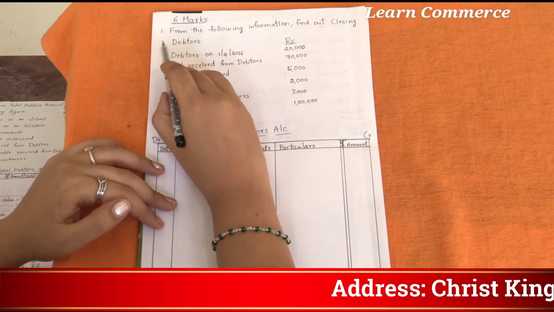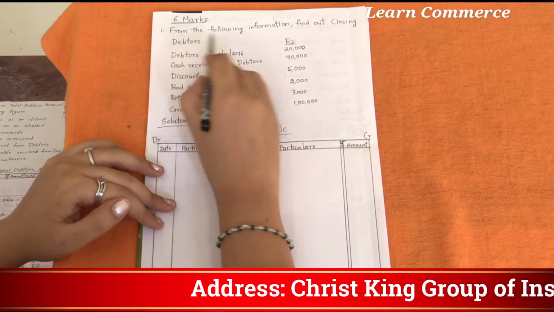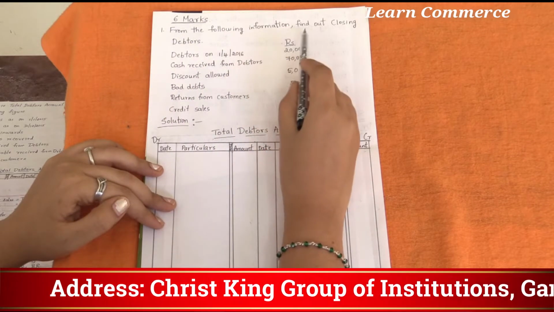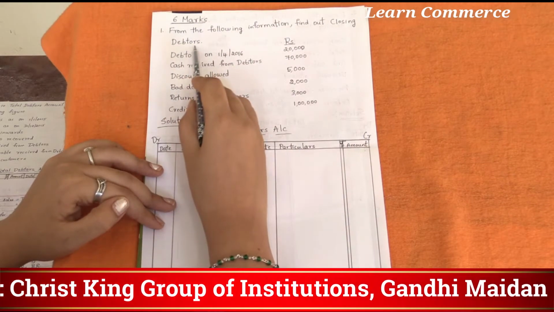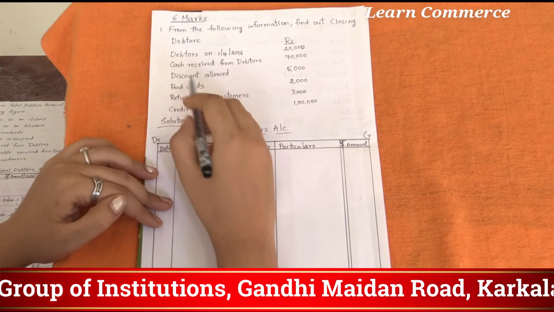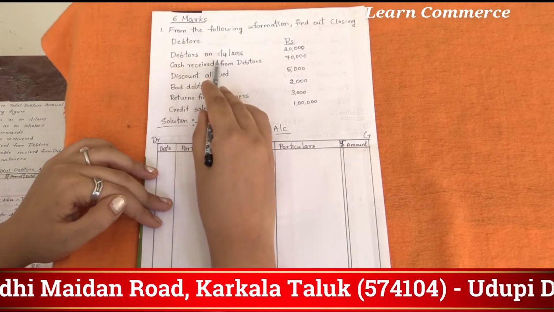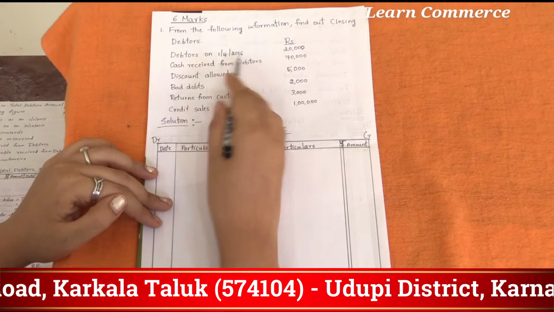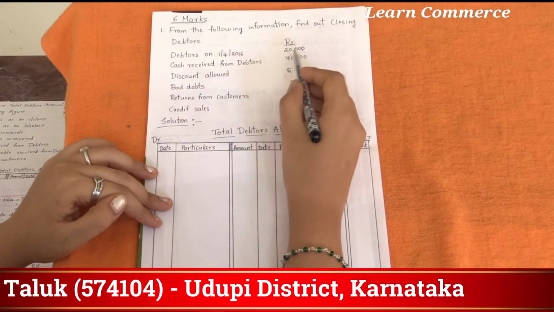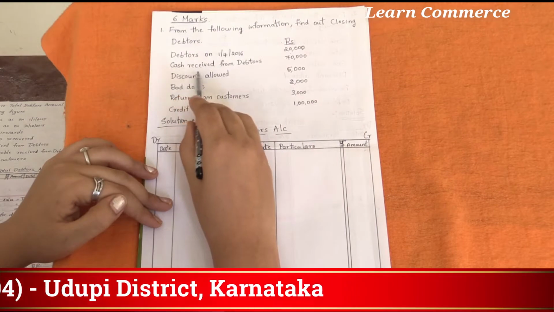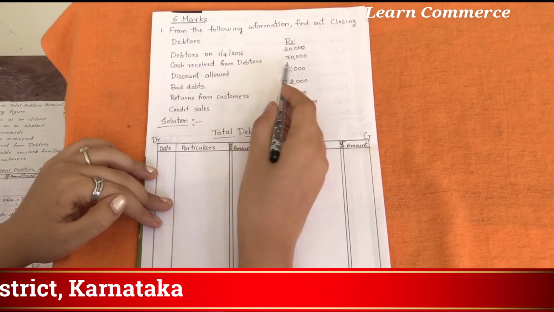First question, I will read. From the following information, find out closing debtors. So let's see the information given in the problem. Debtors on 1st April 2016 is rupees 20,000. Then cash received from debtors 70,000.